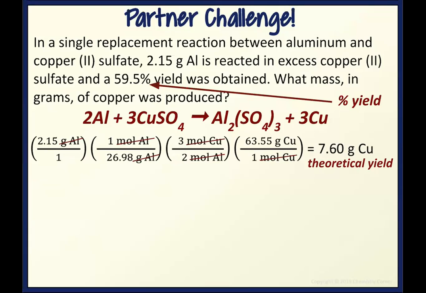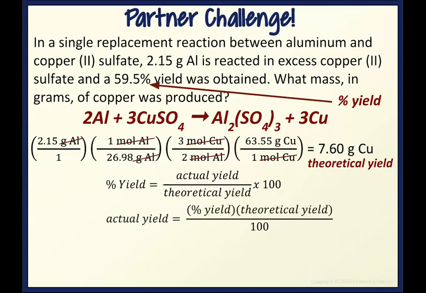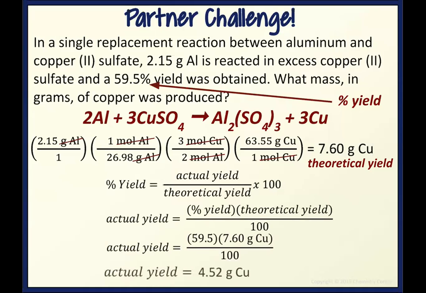Our actual yield is what we don't know, and we're going to rearrange our formula like we did last time, so that actual yield equals this. Substitute in what we know. They gave us a 59.5% percent yield, and then 7.6 is our theoretical, divide by 100, and our actual yield is 4.52. So whoever did this experiment ended up with 4.52 grams of copper, when theoretically, if everything would have been perfect, you should have gotten 7.6 grams. Okay.